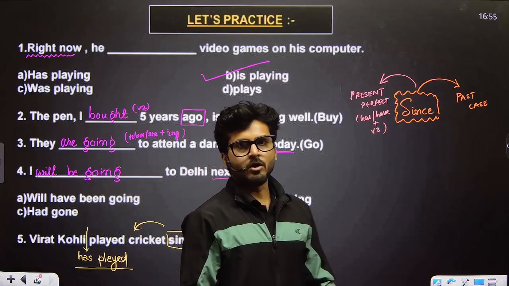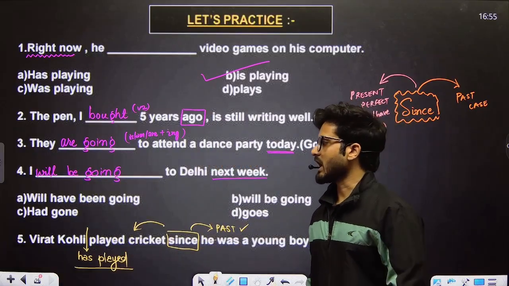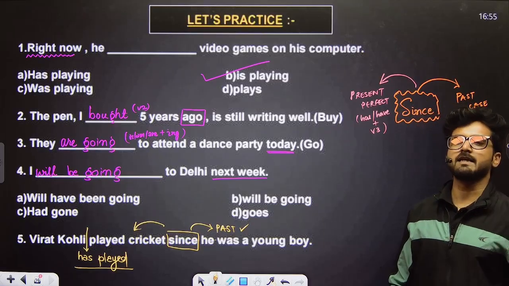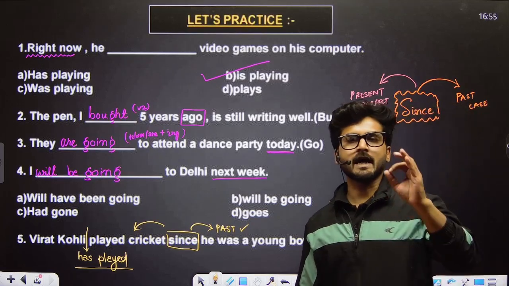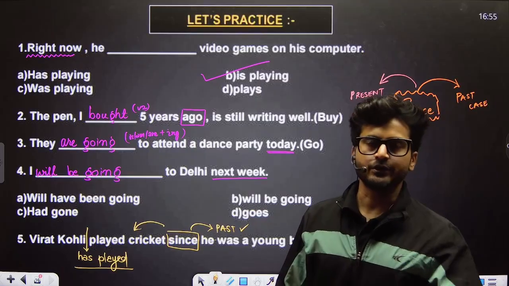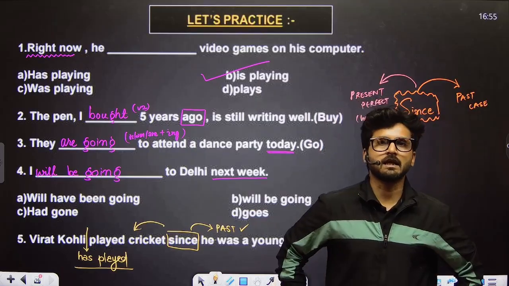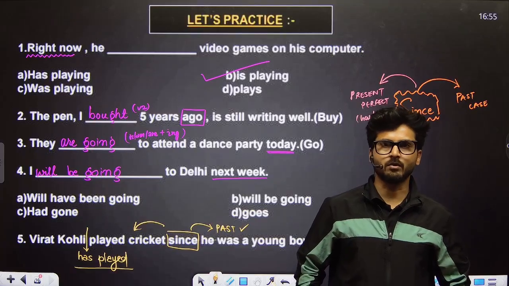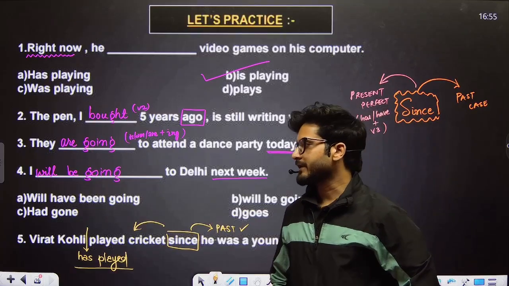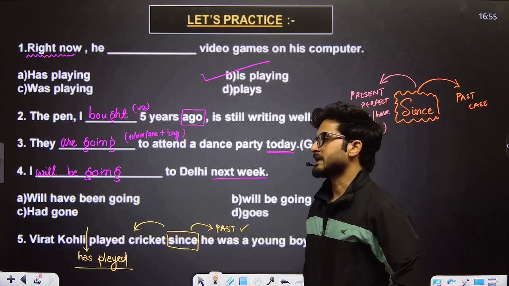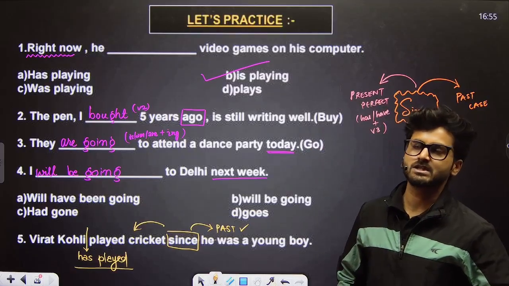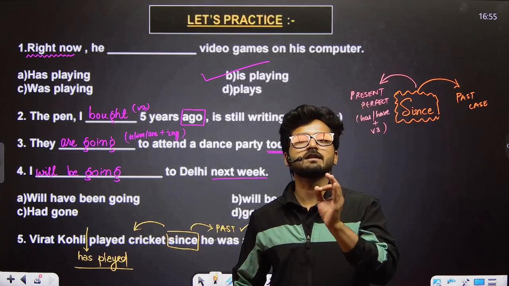So this was all about the tenses, my dear students. If you have control over all these structures, you know the forms of the verb, you know what tenses there are, what the helping verbs, auxiliary verbs and modals are, and everything is clear, then there will be no difficulty in your speaking and answer writing skills.